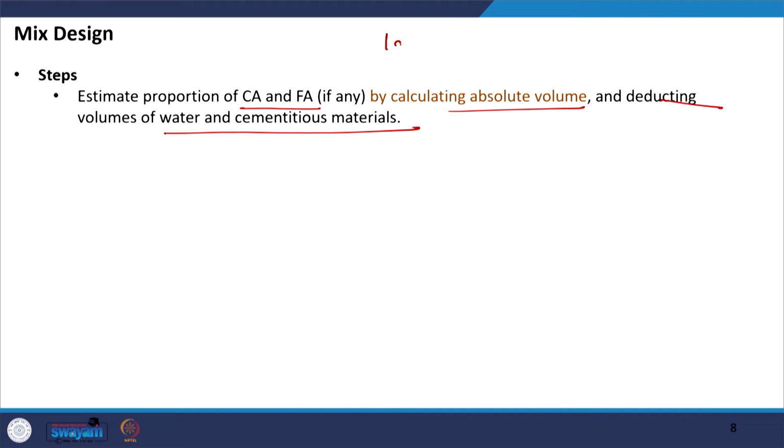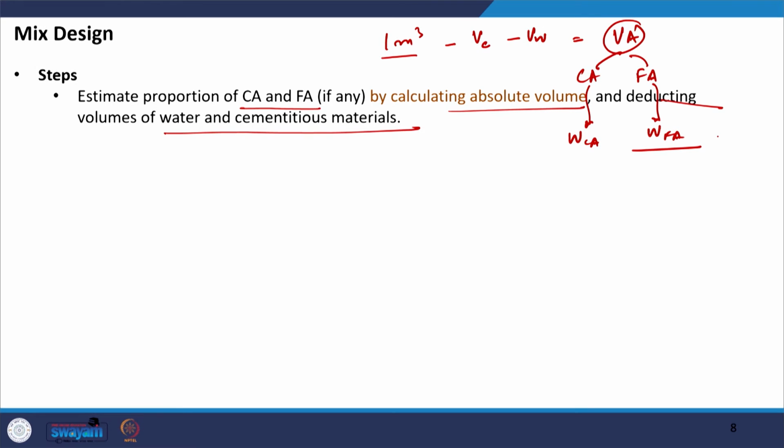So, 1 meter cube is what we are trying to design, and we will deduct the volume of cement and volume of water to get the volume of aggregates. This volume of aggregate will comprise of coarse aggregate, and if there are any fine aggregates, again using their specific gravity we can calculate the weight of coarse aggregate and the weight of fine aggregate.